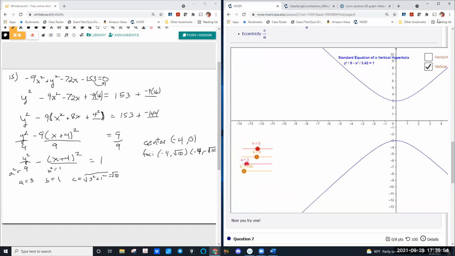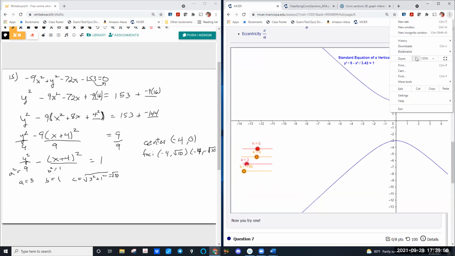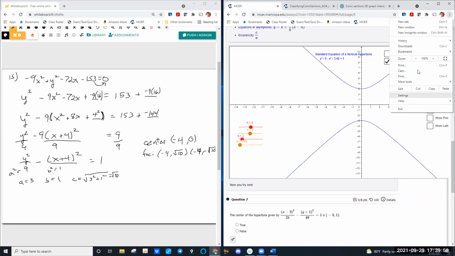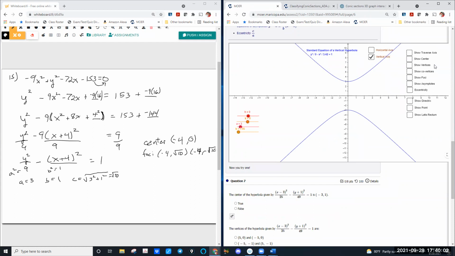So actually, let me do this. If I bring this down a little, we'll be able to get it all on here. There we go. All right, so I can add the foci. We just found those two foci. Well, let's get this matching up. We have y squared over 9. So h is -4. So he's shifting over there. Our k is 0.